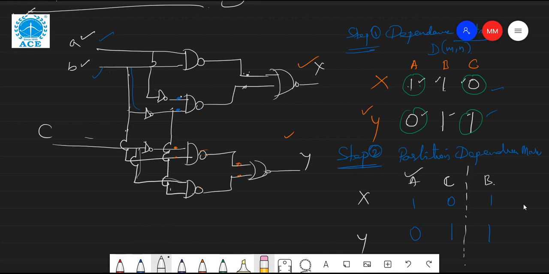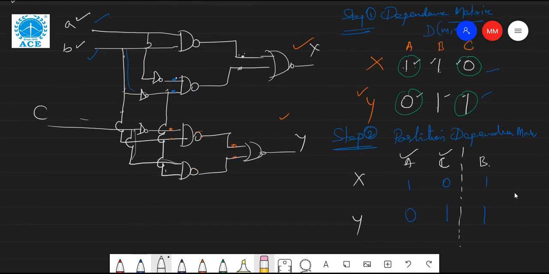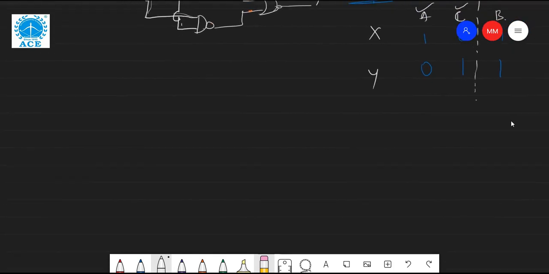So A and C are partitioned here, right? Like that only we'll see in step 3. So one basic example I'm giving here. Practice yourself while solving such a test. Pseudo exhaustive test, right?